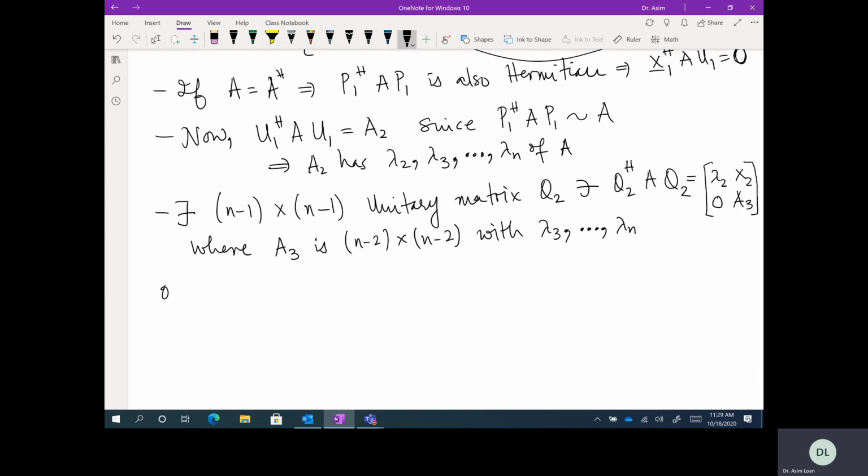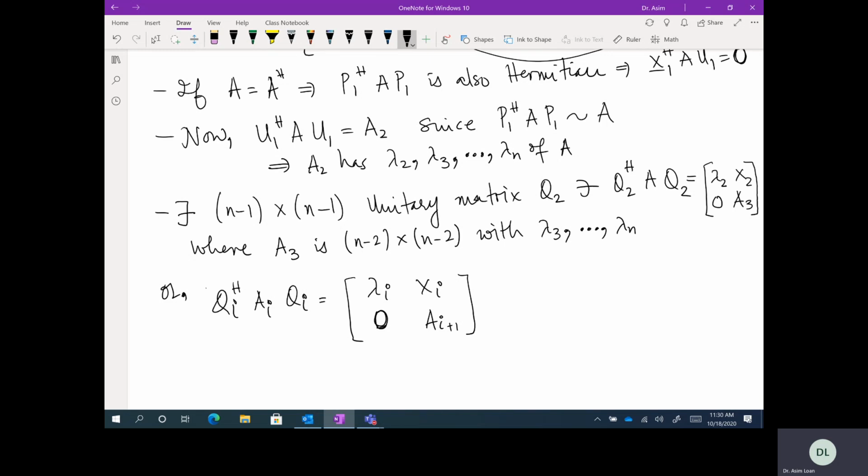Or we can generalize this: Qi Hermitian times Ai times Qi equals lambda i, xi, 0 and A i plus 1.